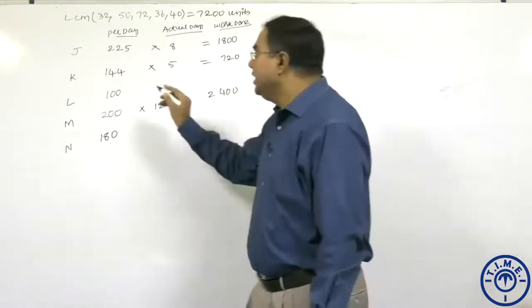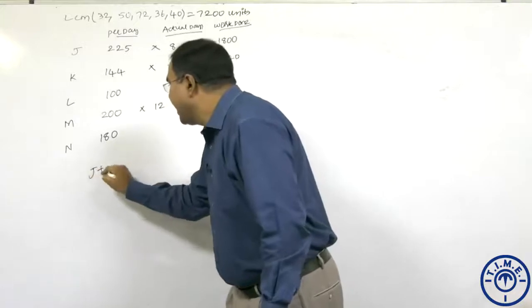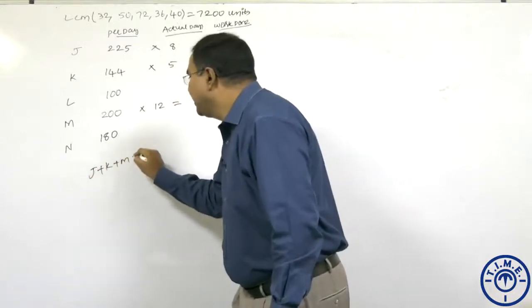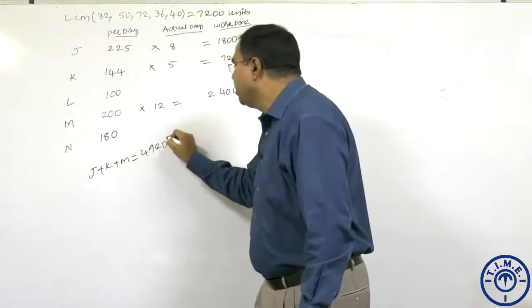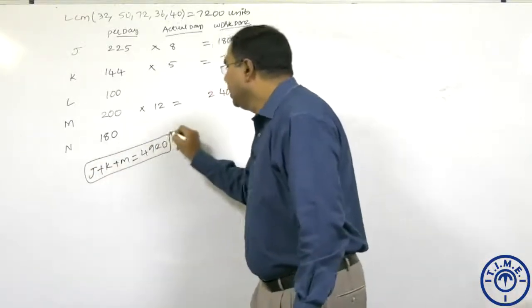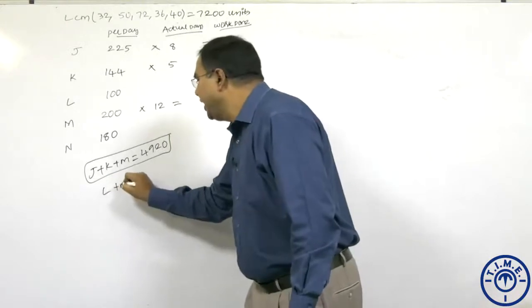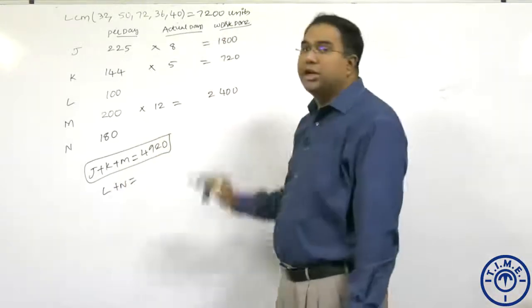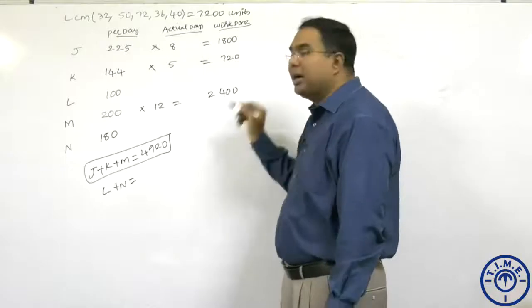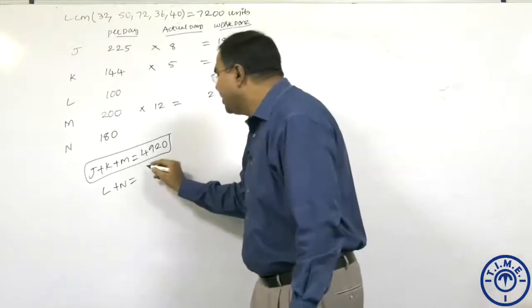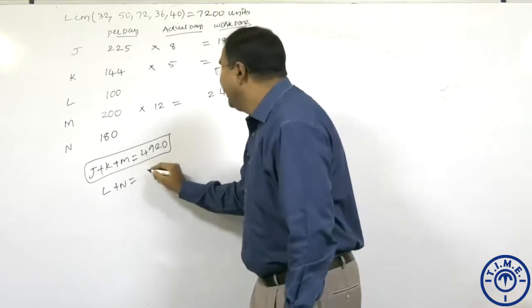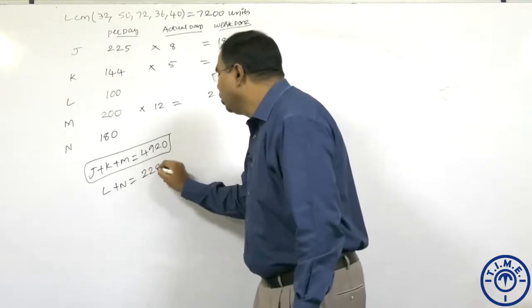So, total J plus K plus M together they have completed 4920 units. Now, what is the work done by L and N? Total work is 7200 units. These three people are completing 4920. 7200 minus 4920, the difference is 2280.